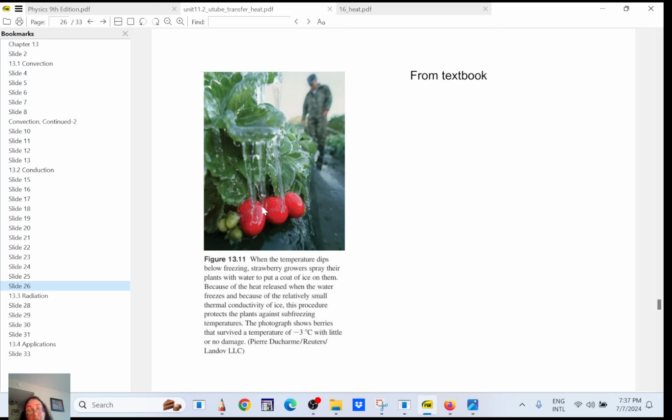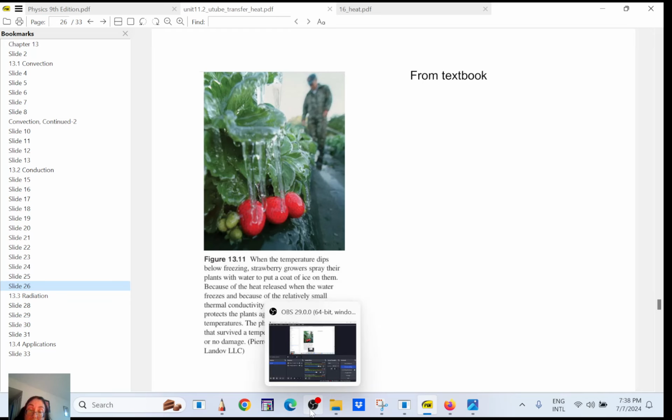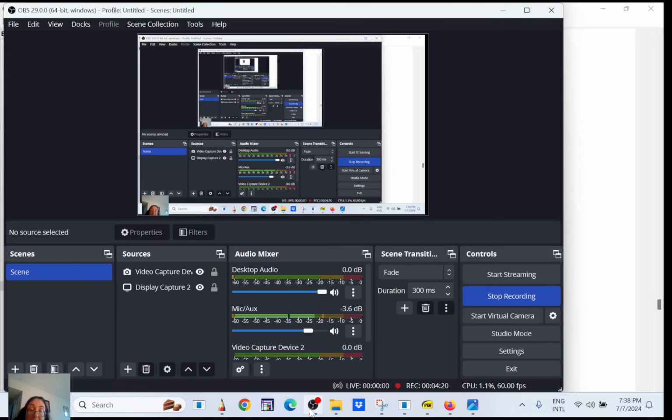By doing so, it's going to release energy, and that energy will warm up the strawberries. So actually, that will be the best explanation. So of course, ice is a good insulator, but also when the water goes to ice, it will release energy. Okay, and by releasing energy, it's going to warm up the strawberries. Okay, so that will be it for this.